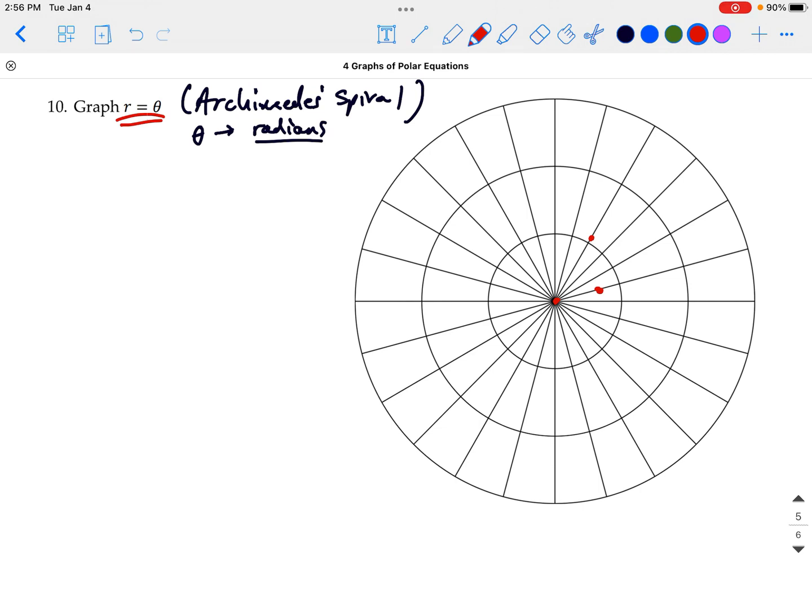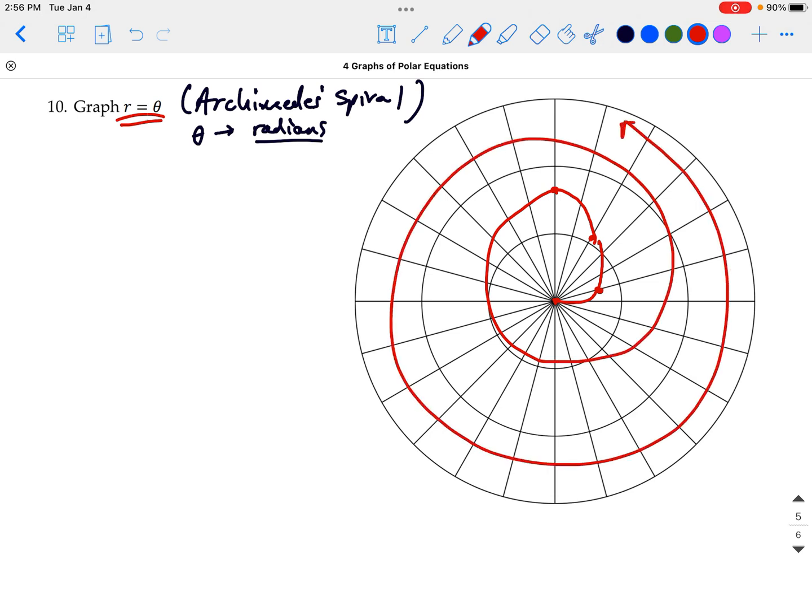Pi over 2, you're going to be a little bit bigger than 3/2, so something like this. I'll just draw it in general, but Desmos does much better justice to it. But we'll note here that there is no symmetry. So this is a graph with no symmetry, so they don't all have nice symmetries to them.